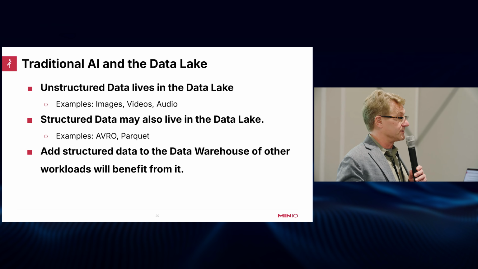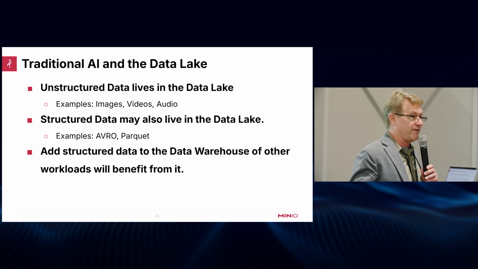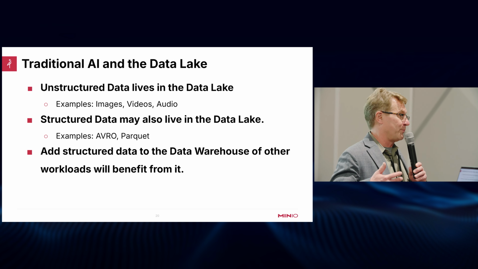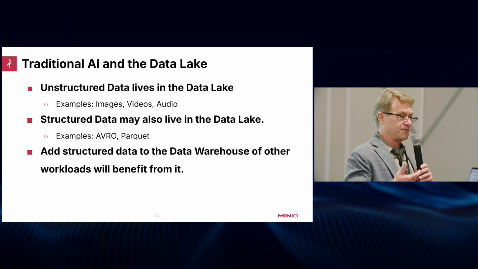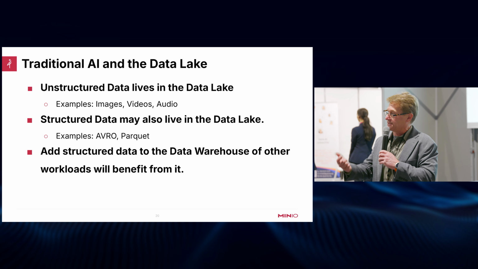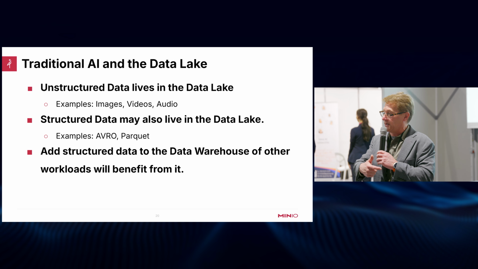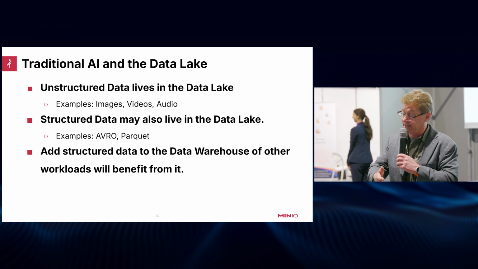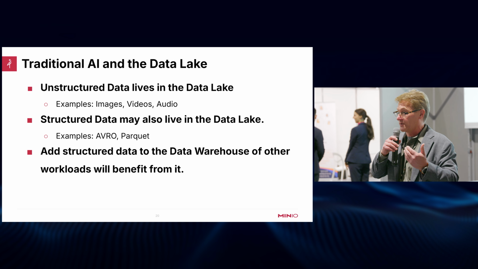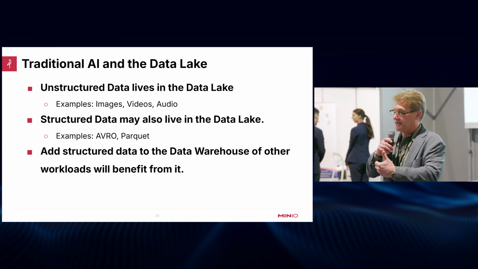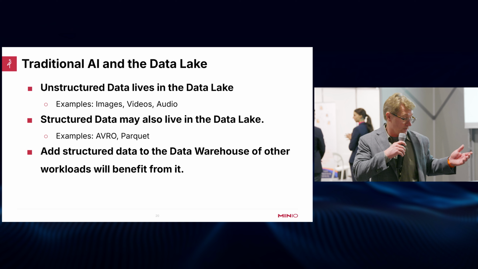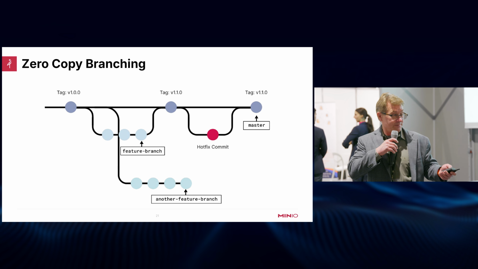But if you have structured data, such as maybe Parquet files or Avro files, you can also put those in your data lake. But you have an option. Those files can very easily be ingested into your OTF-based data warehouse and used by other teams like analytics teams, data science teams. And so now you have a situation where that data can be used in a more widespread fashion throughout your organization.